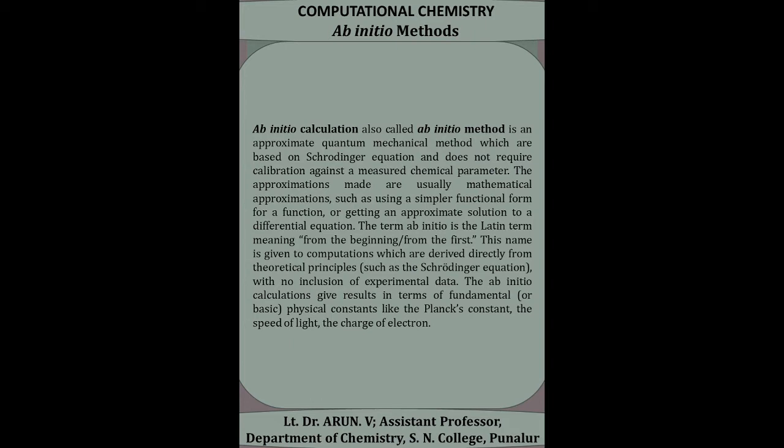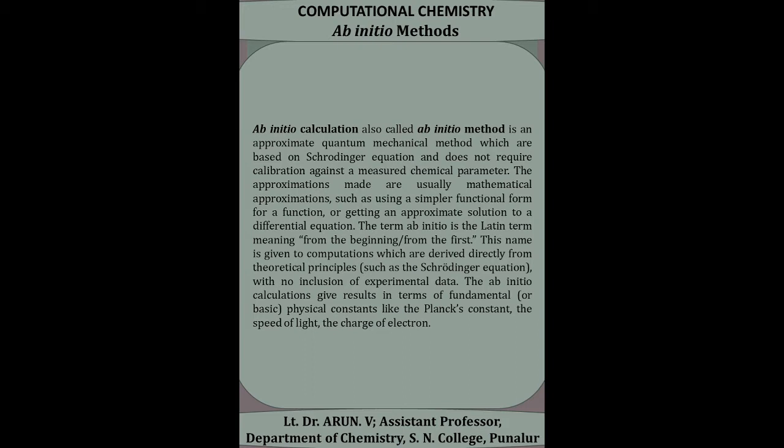It is an approximate quantum mechanical method which is based on the Schrodinger equation, and this does not require calibration against a measured chemical parameter. The approximations made are usually mathematical approximations, such as using a simpler functional form of a function or getting an approximate solution to a differential equation.